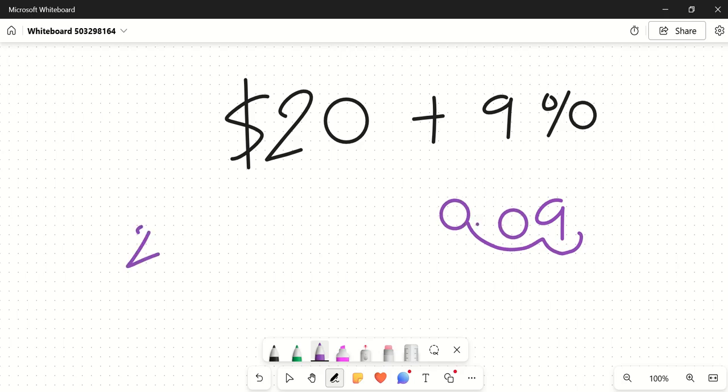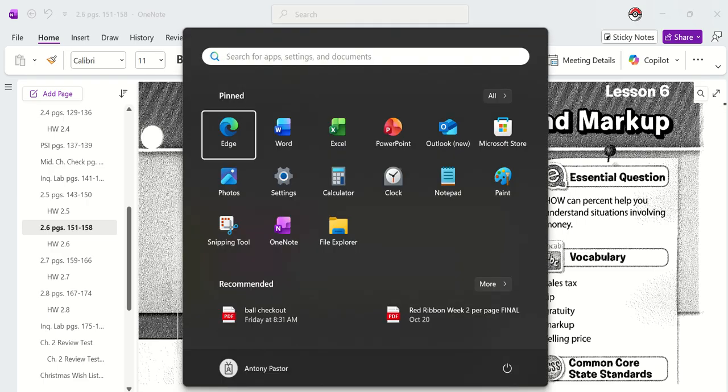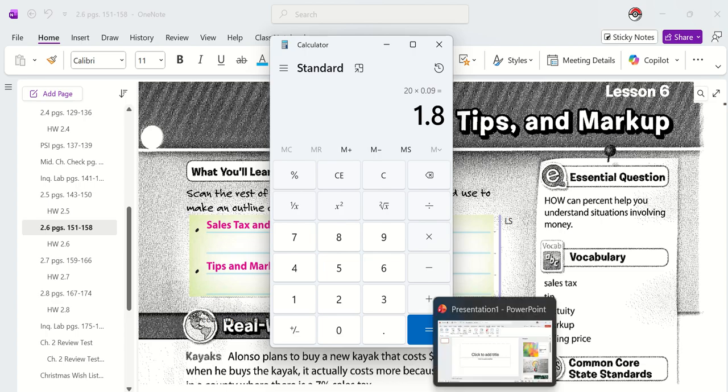So we take that 20, multiply it by 0.09. We'll get the calculator out really quick. 20 times 0.09, and that gives us 1.8. Or in this case, because it's money, we need to have two numbers after a decimal, so that's $1.80 in tax that we pay.